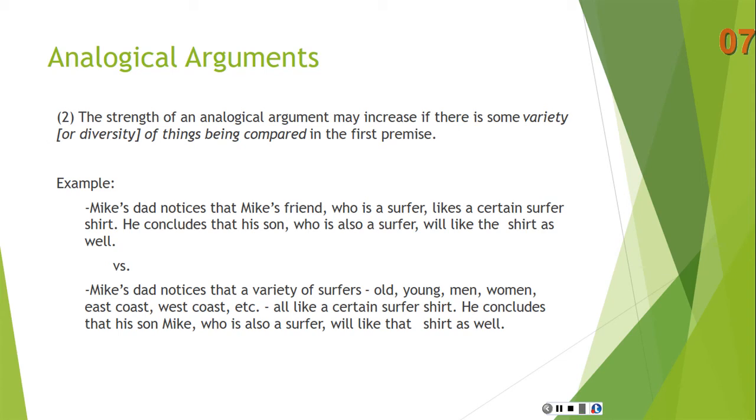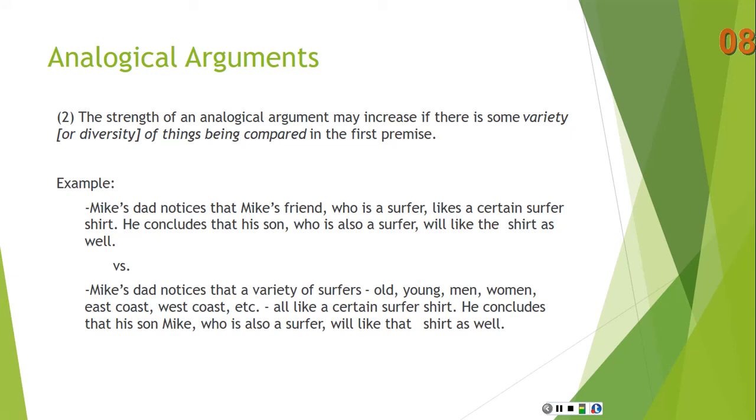Okay? So given that there's not a large variety of things being compared, that decreases the chance that they like the shirt because of the fact that they both are surfers.